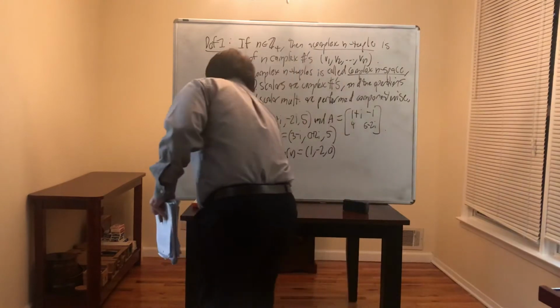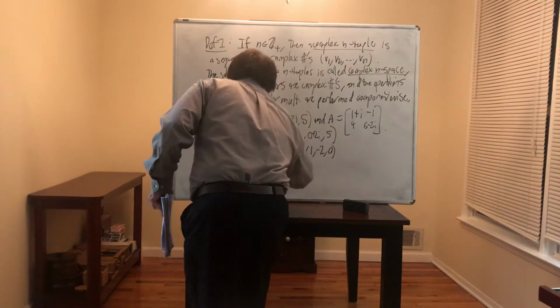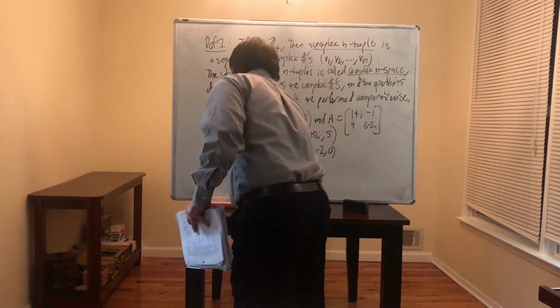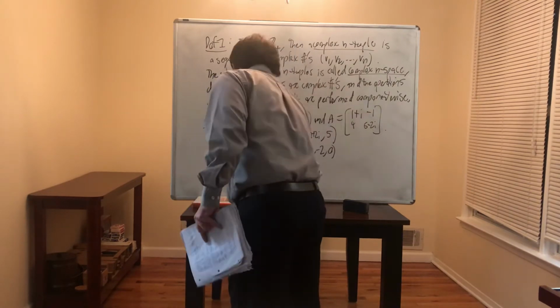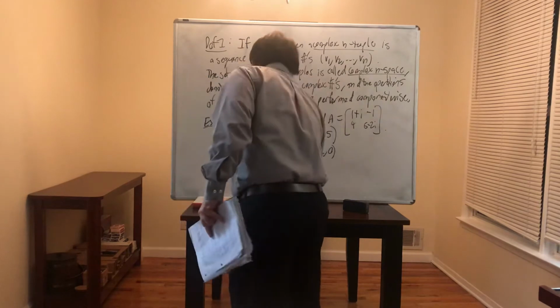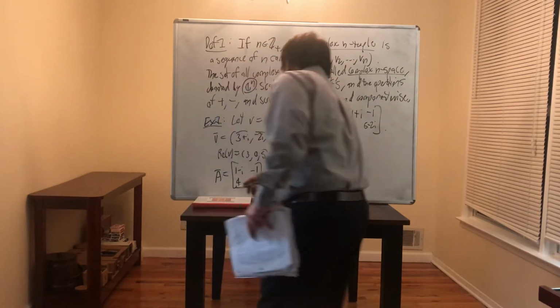Okay, A bar is just taking the complex conjugate of each of these entries. So that's 1 minus i. That's negative i, so its conjugate is i. Then the complex conjugate of 4 is 4, and the complex conjugate of 6 minus 2i is 6 plus 2i.